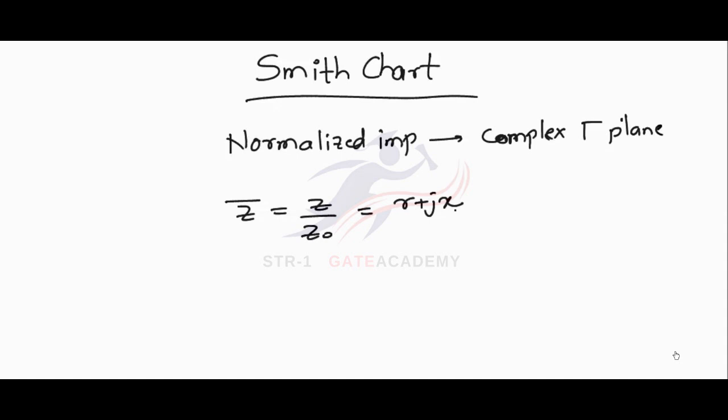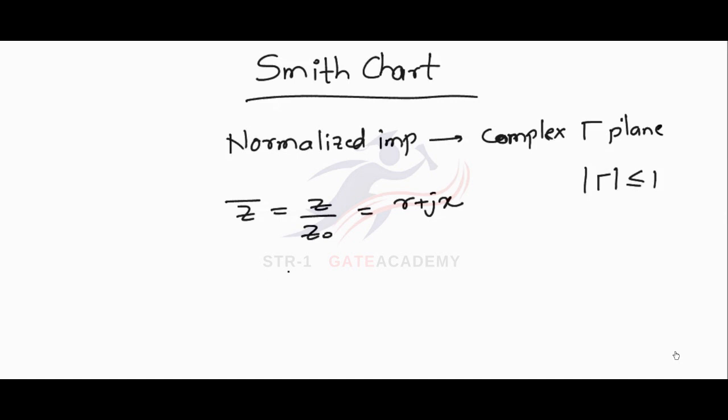Now, what we are doing is transforming the normalized impedance into the complex gamma plane, and the maximum value of gamma is less than or equal to 1. So mod of gamma is less than or equal to 1. Okay.